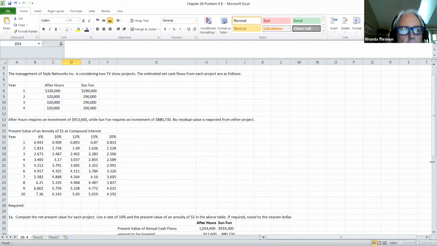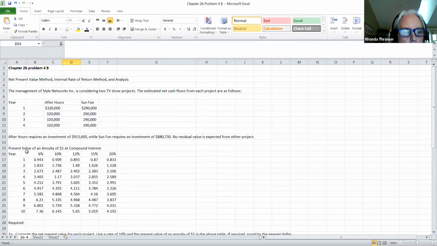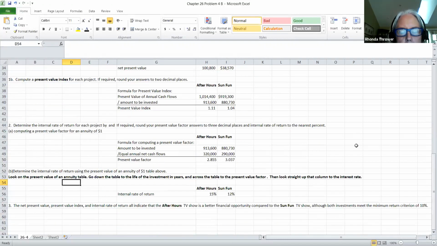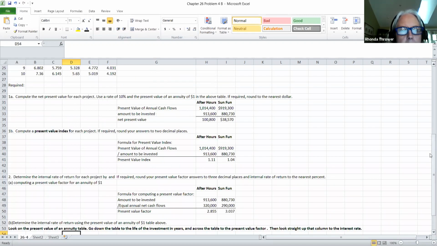So the life of the investment in years, you'll remember, is 4 years. So you're going to go down your table to 4 years. These are the present value factors that you're looking at. You'll remember that you calculated based on your amount to be invested and the annual cash flows. We came up with a present value factor for After Hours of 2.855.